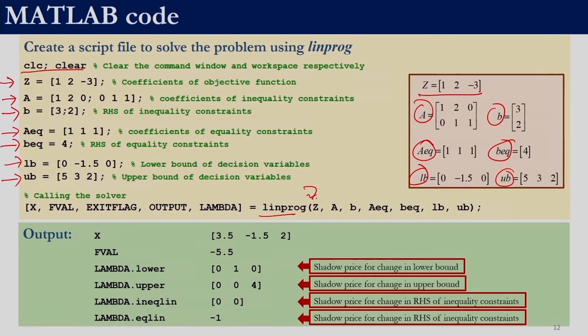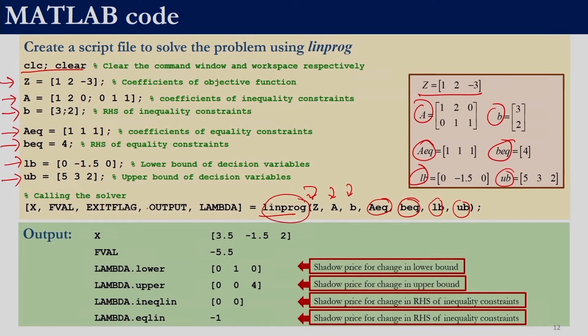The first value has to be the coefficient vector, the second the coefficient matrix of the inequality constraint, the third the right hand side value of the inequality constraint, the fourth and fifth are about the equality constraint, then the lower bound and then the upper bound. Here we are solving with the default options of linprog, so we are not giving any options.